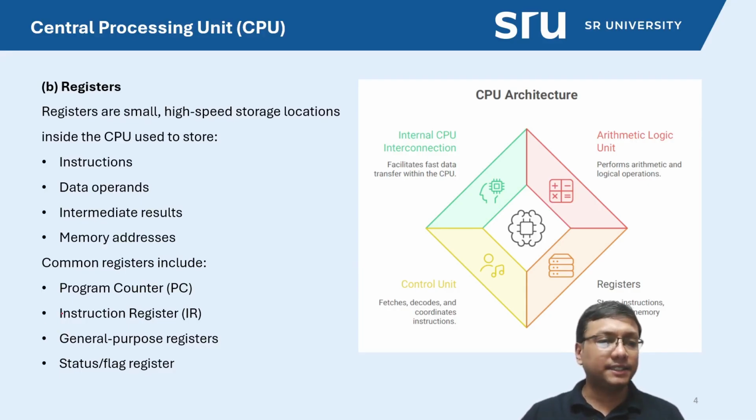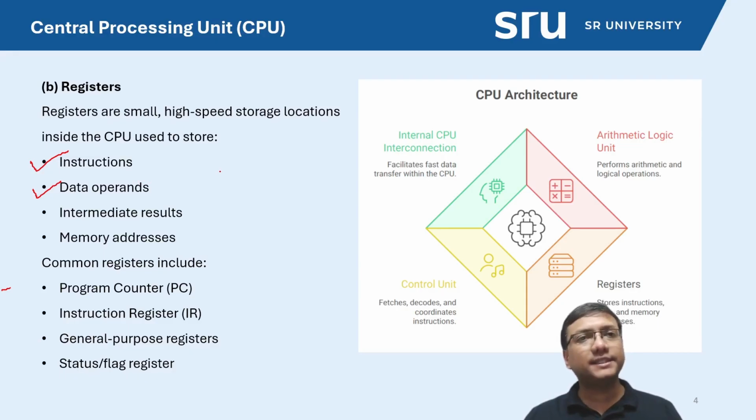For what purpose are these registers used? Basically, these registers are used to store instructions. Whenever a CPU wants to perform some instruction, there should be some place where this instruction will be stored. So there are instruction registers. There will be some registers to store the data operands. We will come later to what operands are, but basically an operand is the data on which the operation takes place.